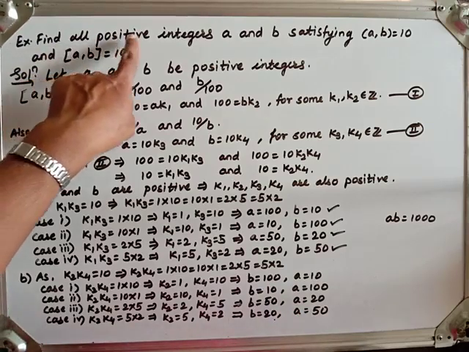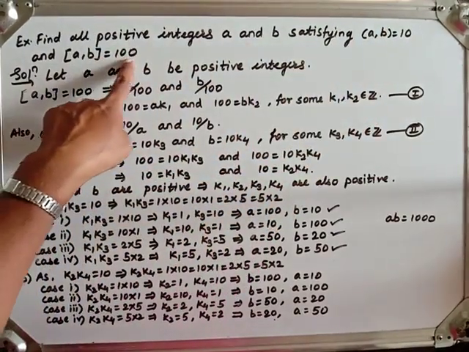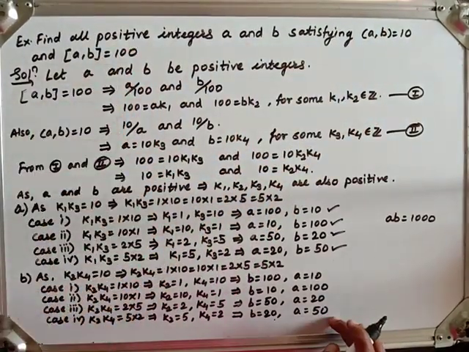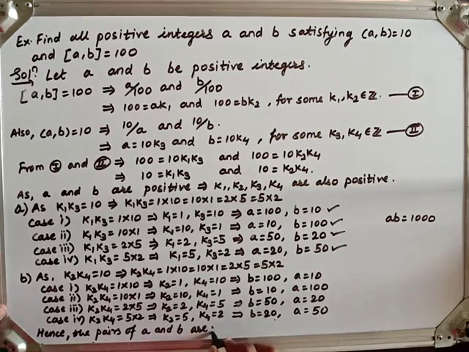If there are positive integers A and B satisfying that the GCD of them is 10 and LCM is 100, then these four pairs are there. So I must write the answer. Hence the pairs of A and B satisfying these conditions are: 100, 10.